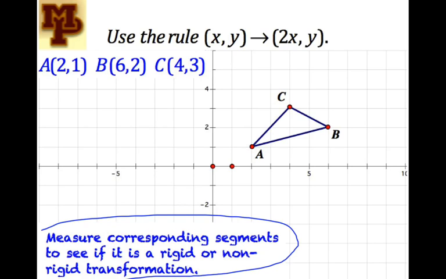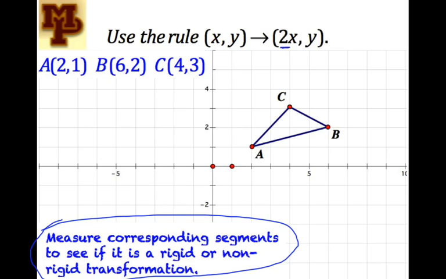If you had one corresponding set of segments that weren't the same length, then you would automatically say, oh, it must be a non-rigid transformation. So that one clearly had a segment that was longer than the other, and so that's all you would need to justify that it was a non-rigid transformation.